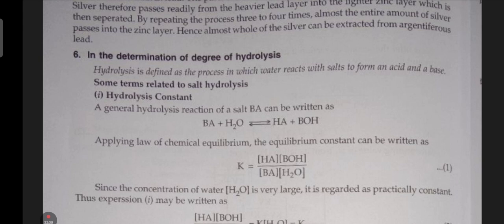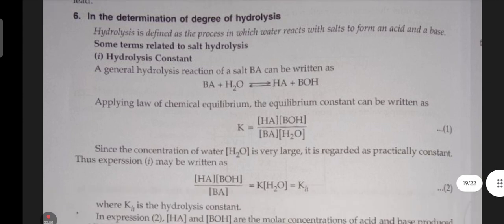A general hydrolysis reaction of a salt BA can be written as BA plus H2O is in equilibrium with HA plus BOH. Applying the law of chemical equilibrium, the equilibrium constant can be written as K is equal to the concentration of HA and the concentration of BOH upon the concentration of BA into the concentration of H2O.